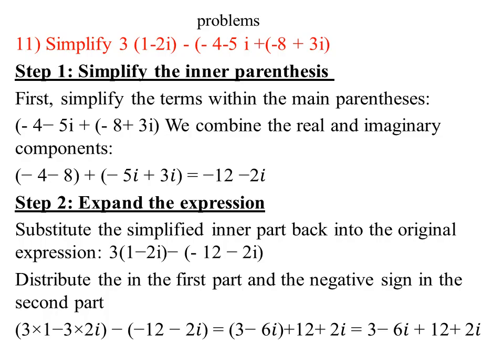Here we distribute 3 in the first part and the negative sign in the second part. That is 3 times 1 minus 3 times 2i. Minus of minus is plus 12. Minus of minus is plus 2i. This gives 3 - 6i + 12 + 2i.